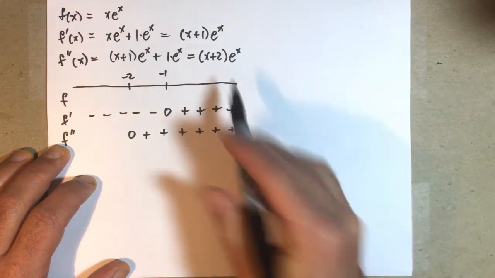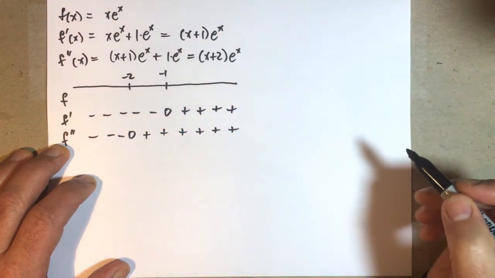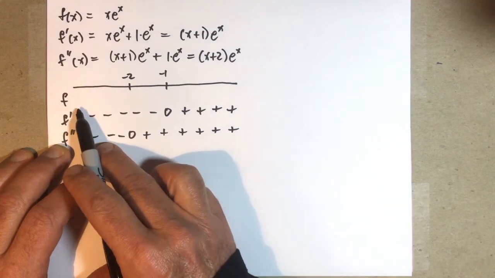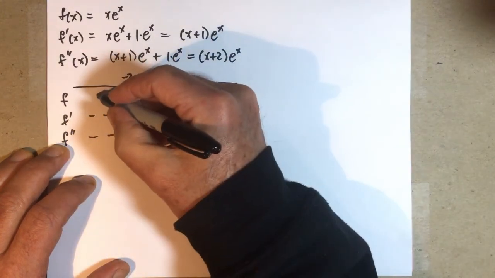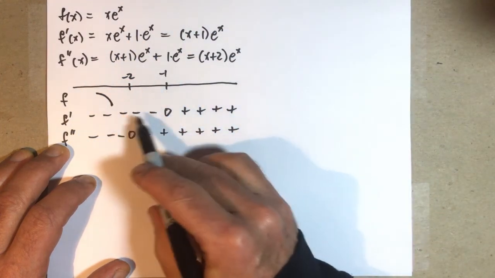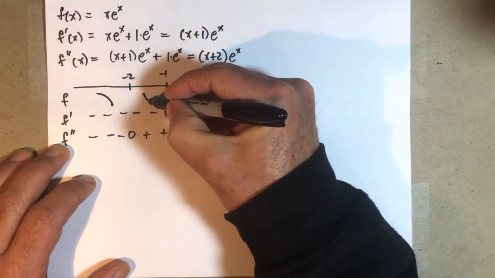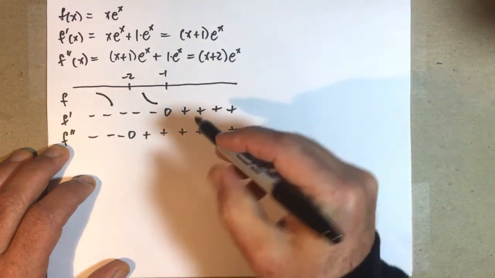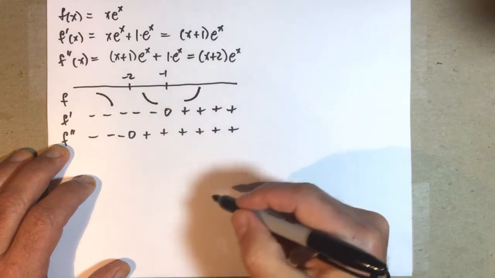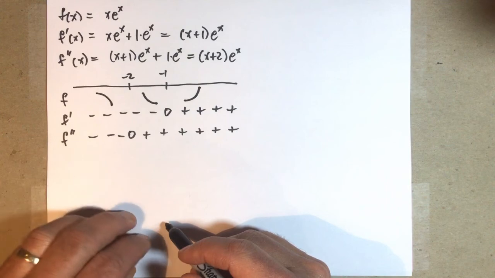For x less than -2, you have negative times positive is negative. And on each of these intervals, first of all from -infinity to -2, the function is decreasing concave down. Between -2 and -1, f prime negative, f double prime positive means that f is decreasing concave up. And beyond -1, both f prime and f double prime are positive, so f is increasing concave up.